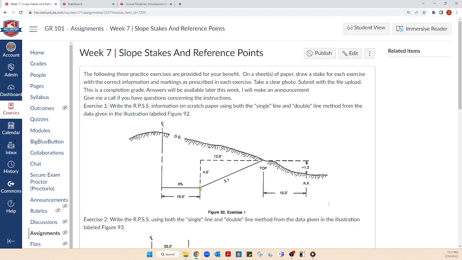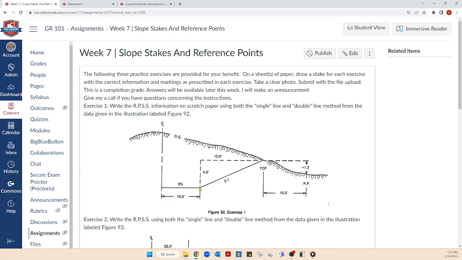Now, if you're using a single line, which I'd like for you to do at least once in here, to get this stake, all this stake would say would be level.